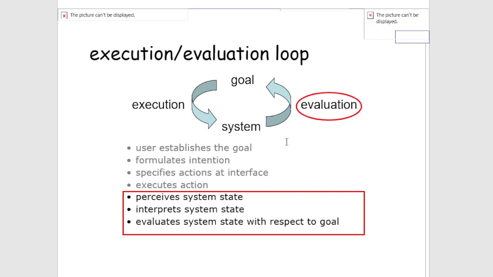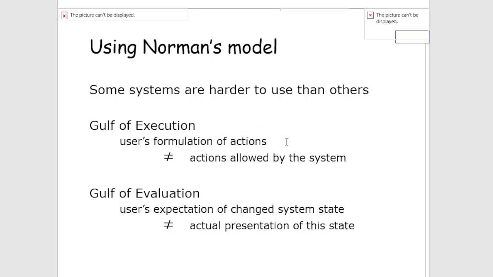So this is the perceiving and interpreting of the system state. After that, you are evaluating the system state with respect to the goal. I had a goal to have more light, and when I switched on the lamp, is it enough for me? This is the execution-evaluation loop of Norman's model.